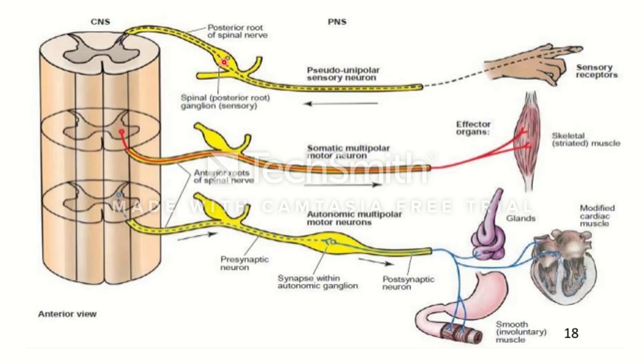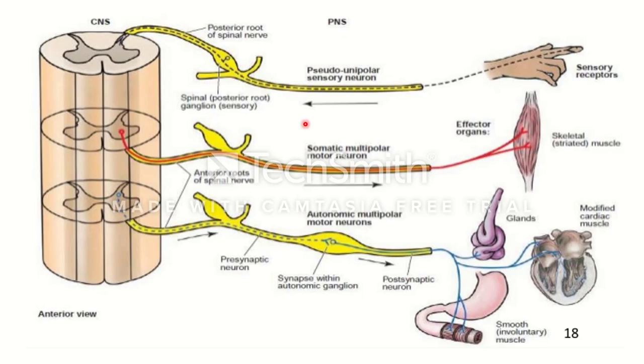The type of neuron, as you can see here, is unipolar, and this neuron is somatic because it reaches the skin, not the viscera. Okay, so this is afferent because it's going toward the central nervous system, and is somatic because this neuron is not visceral, just as simply as this.